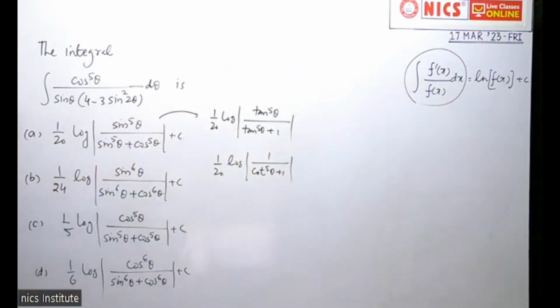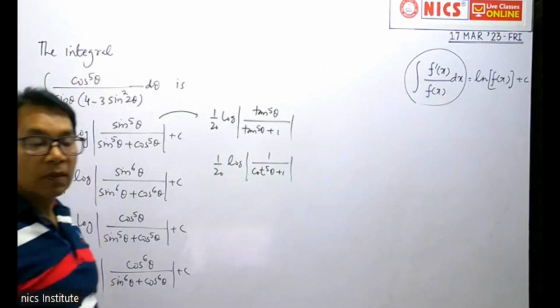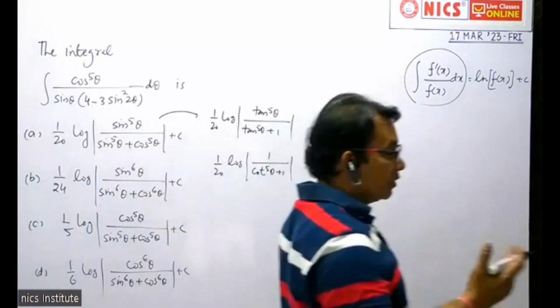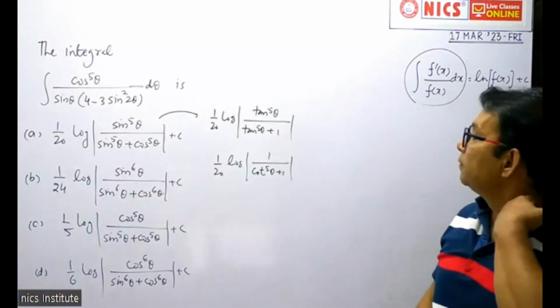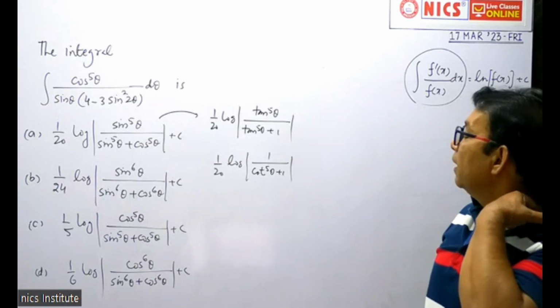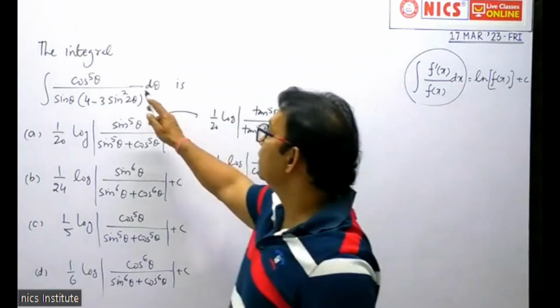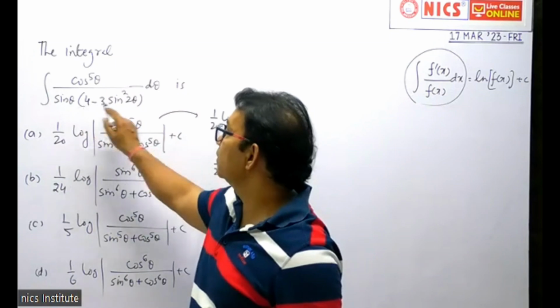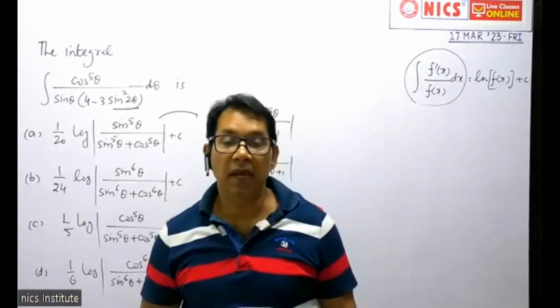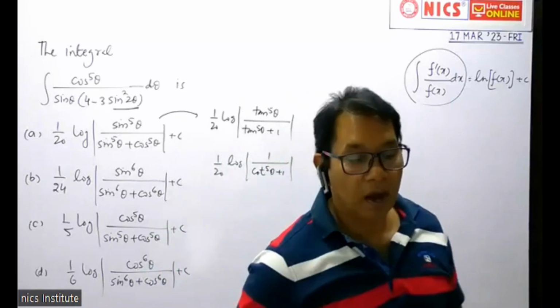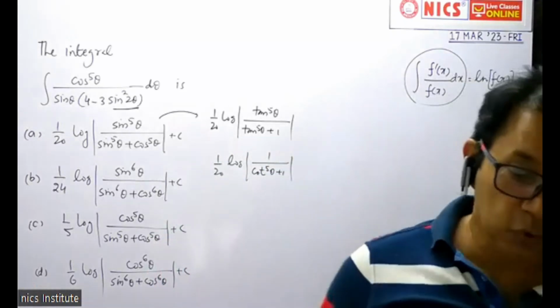That means somehow you need to convert this question in the form of cot or tan, and derivative of cot or tan is cosec square or sec square. And all angles should be the same. This is theta, this is theta, this is 2 theta. So first you convert sine 2 theta into half angle, 2 sine theta cos theta. Do that.